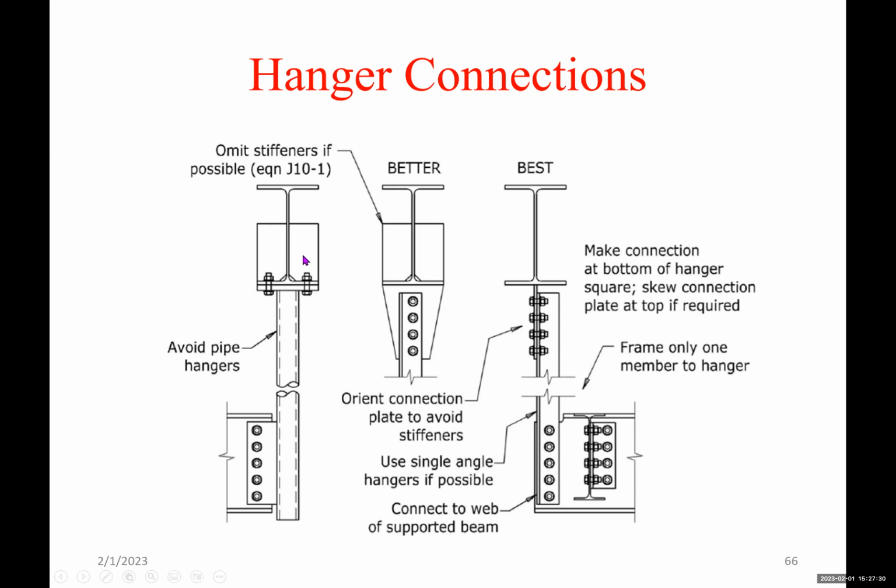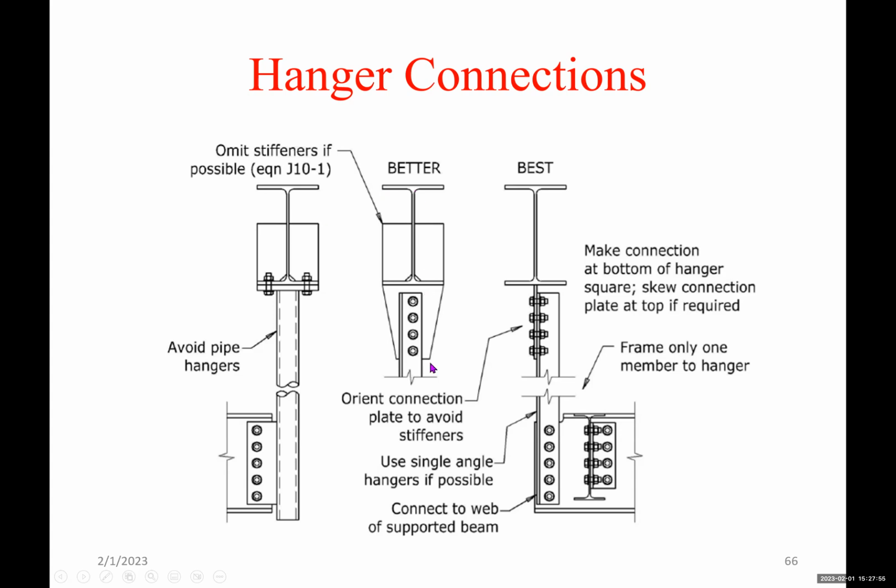So we have a cap plate with stiffeners like this. So avoid pipe hangers. Of course, here we have to have welding, small limit states to check. We would need stiffeners here as well.